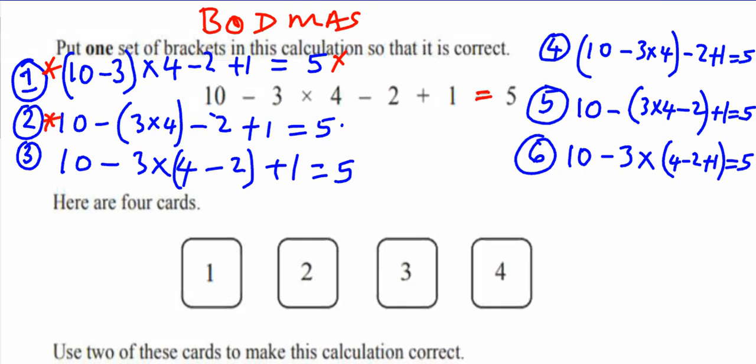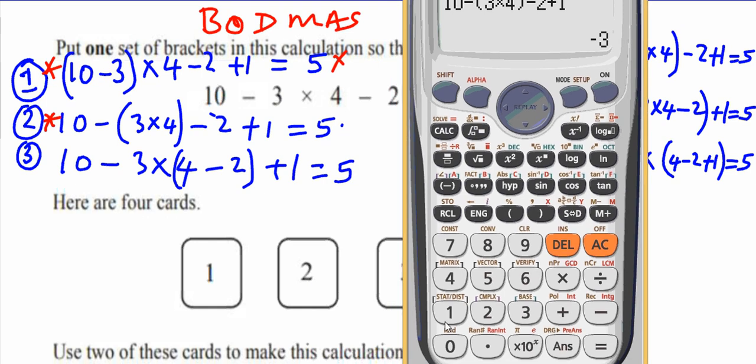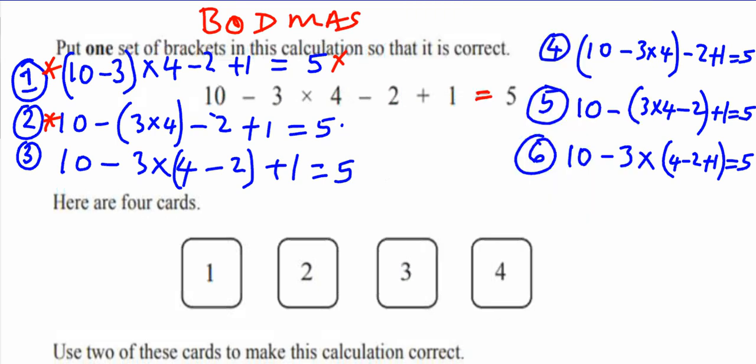Now then, the third possibility will be 10 minus 3 times, then a bracket 4 minus 2, then plus 1. Do I get equal to 5? Let me see. Yes. So the third possibility is getting us the correct answer.